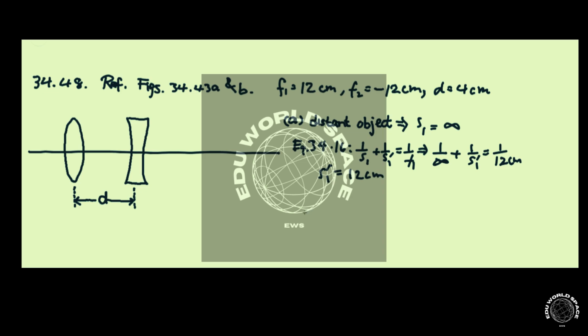So 12 centimeters is the image for the converging lens. So let's say we have it somewhere here. This is S1 primed, the image.